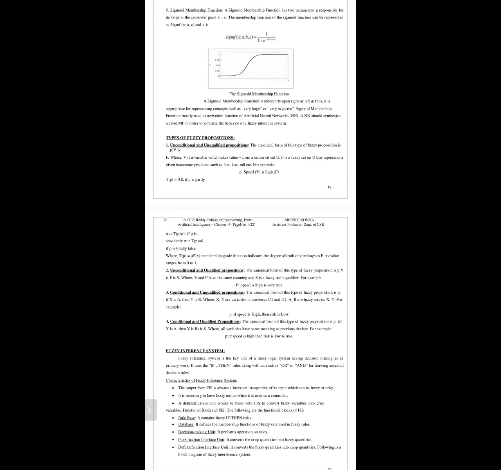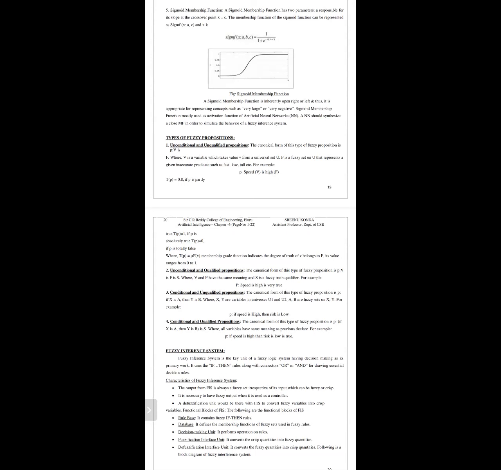The canonical form of this type of fuzzy proposition is P colon V is F, where V is a variable which takes value v from a universal set U. F is a fuzzy set on U that represents a given inexact predicate such as fast, low, tall, etc. For example, P: speed of V is high F. Then T of P equals 0.8 if P is partly true, T of P equals 1 if P is absolutely true, and T of P equals 0 if P is totally false.